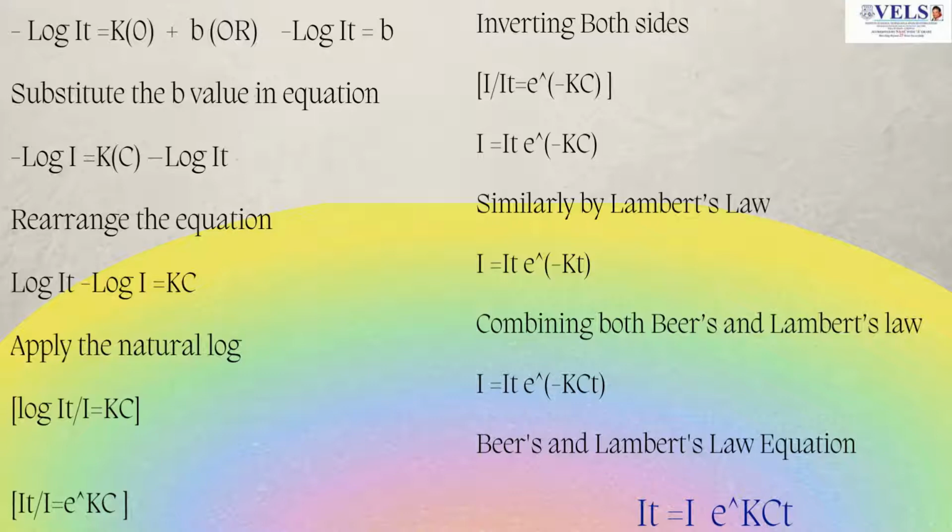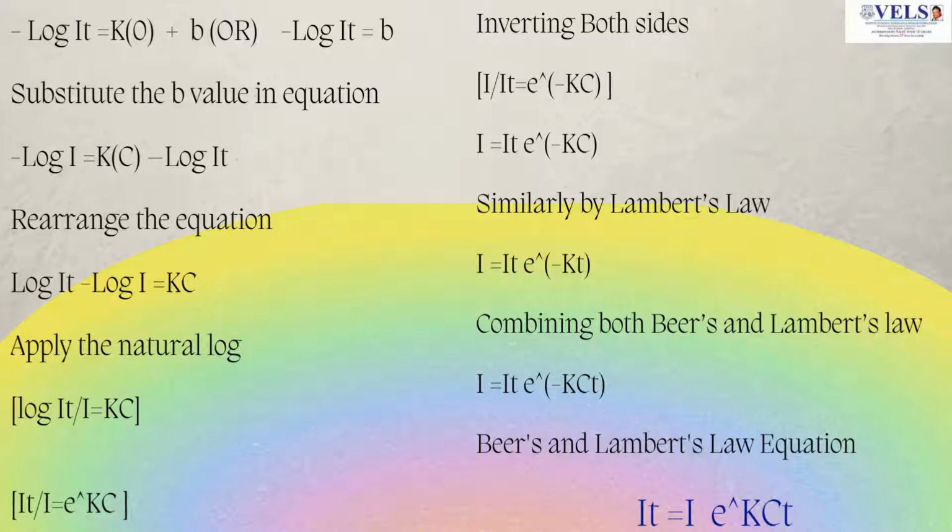So it can be written as minus log IT equals b. Substituting the b value in the first equation, minus log I equals k times c minus log IT. Rearranging the equation, log IT minus log capital I equals k times c. Applying the natural log, IT divided by capital I equals k times c.